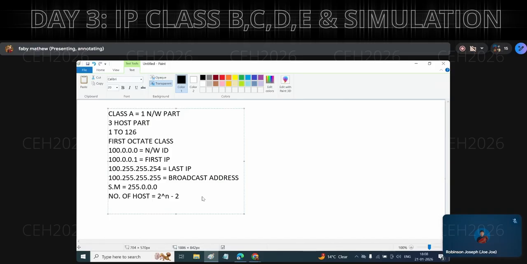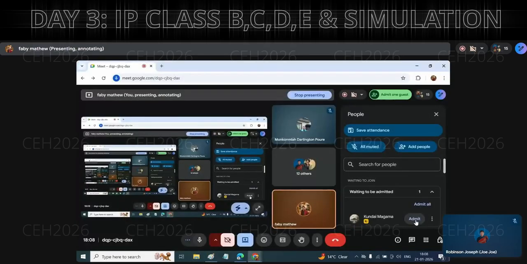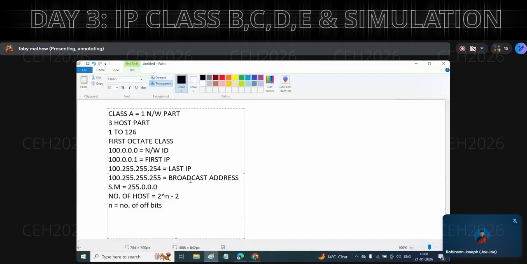So what is the n? Here n is equal to the number of off bits. So how many off bits are there? Tell me. There are 8 bits per octet, and there are 3 host octets. In the 3 host octets, that means the 3 octets are off.